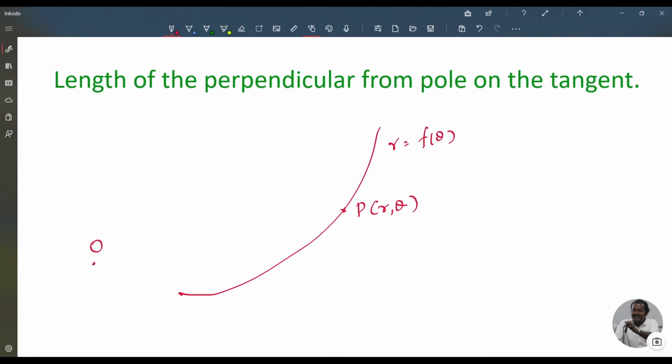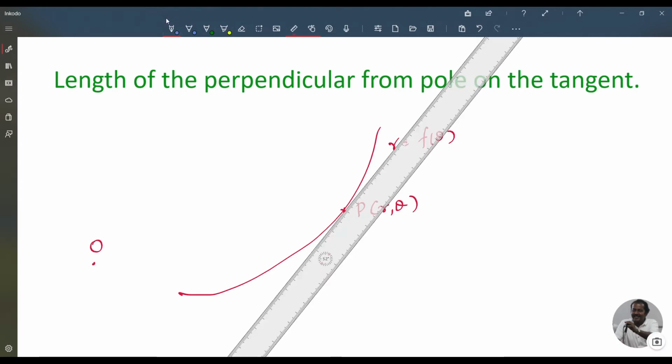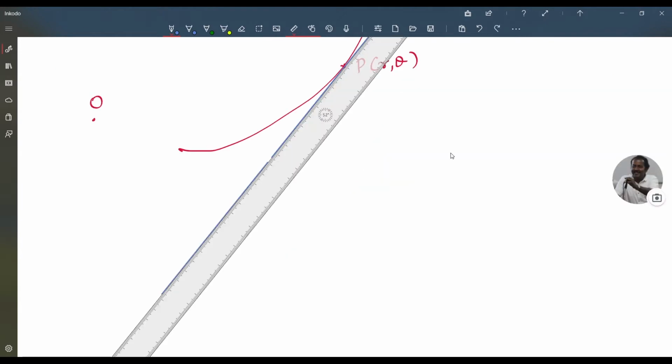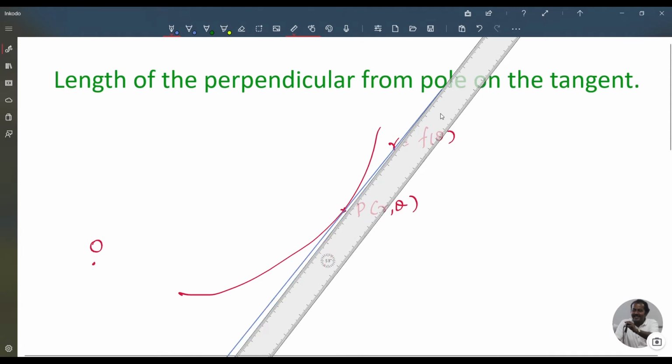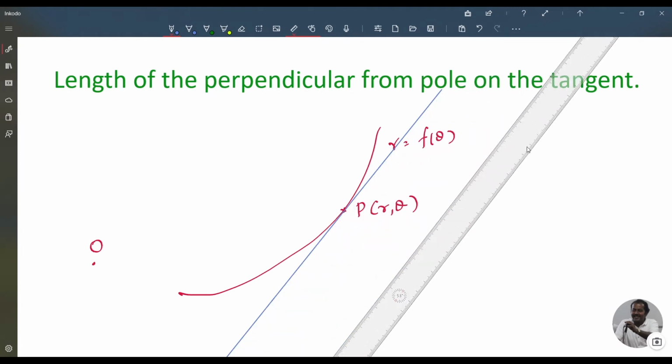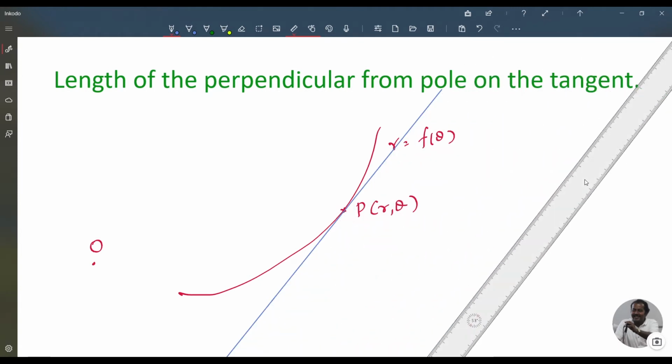Now consider the tangent at P (r, theta). Extend that. So this is the tangent at P (r, theta).